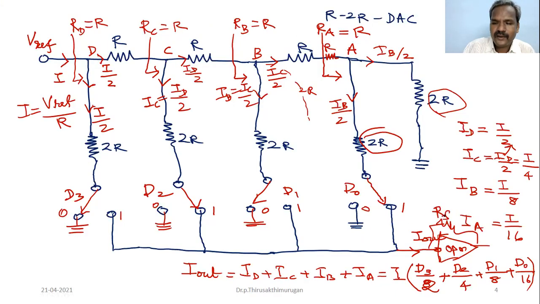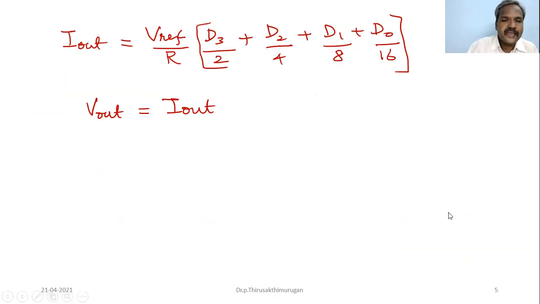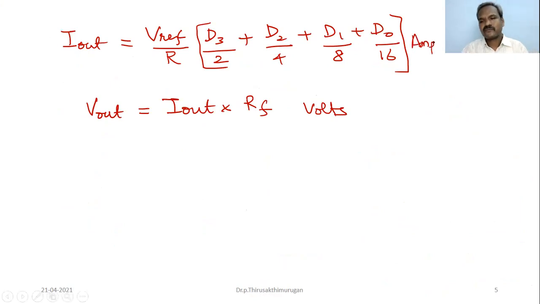So V out equals I out into RF. This is in volts. This is the analog output for the given digital inputs. The current is in microamps or milliamps, in general amps. Understand or not?